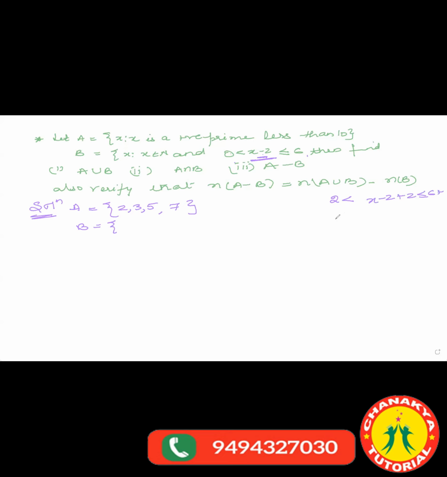So it will be 2 less than x less than or equal to 8. Clear beta? So elements will be 3, 4, 5, 6, 7 and 8. Clear? Because the less than or equal to sign is there. This is the closed interval.